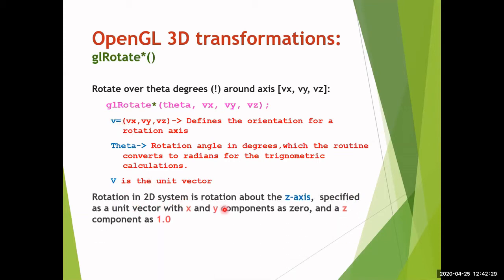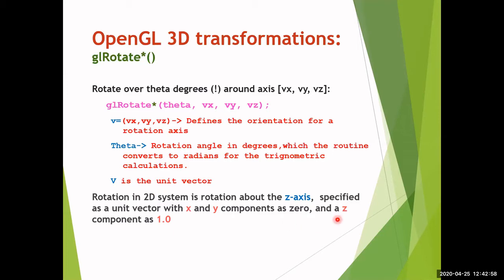So rotation in a 2D system is rotation about the Z-axis. Now here we are trying to implement rotation in 2 dimensions, where the Z-axis should be equal to 1. So for any axis you want to use, you should only use 1.0, because we have already told it is a unit vector. Either 0 if it is not rotating with respect to those axes, or 1 if it is rotating with respect to any of the axes.